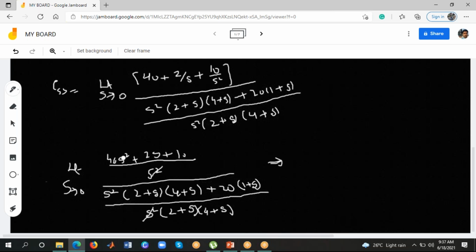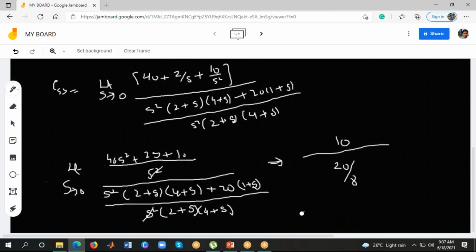Substituting 0, in the numerator term only 10 remains, divided by, in the denominator, this entire term becomes 0 plus 20 into 1 plus 0, so we get 20. Then 2 plus 0 into 4 plus 0 is 8.